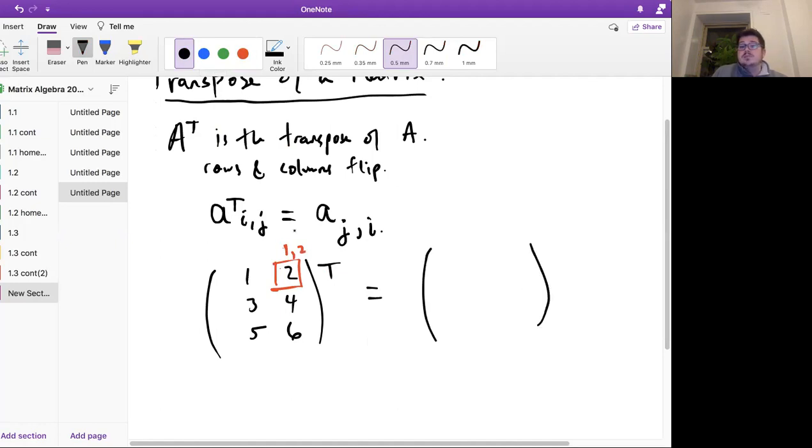So this will become the 2, 1 entry in the transpose. So that one's over here. Where does the 1, 1 entry go? Still 1, 1 because i and j are the same.